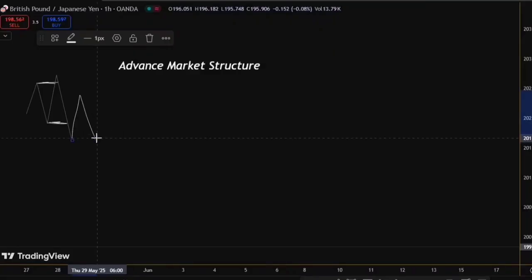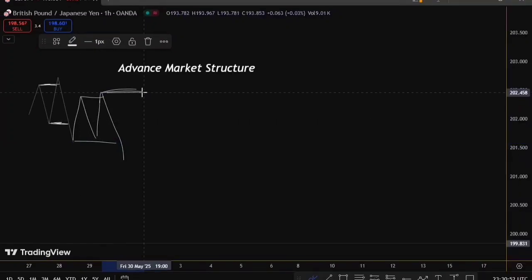And what do we want to do? When price comes back, we expect this low to be taken out, and for price to take out the low and break structure. Now once price does this, what do we then expect? This high will be our protected high, because why? It swept liquidity and broke structure.